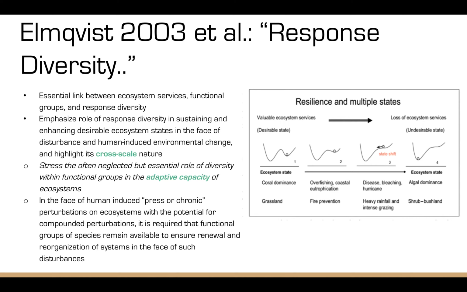Specifically, they focus in this paper on the role of response diversity in sustaining and enhancing desirable ecosystem states in the face of disturbance and human-induced environmental change, and they highlight this cross-scale nature that occurs here as well. They look at the neglected but essential role of diversity within functional groups in the adaptive capacity of ecosystems.